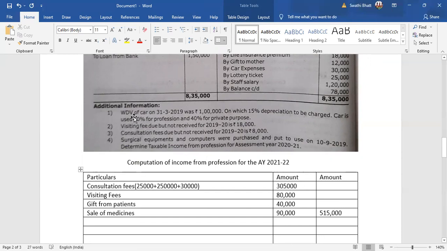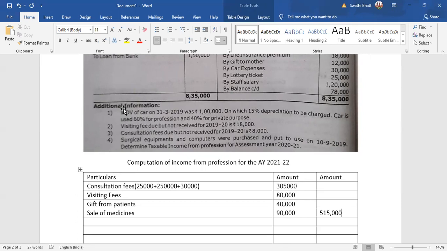You can see here in additional information, points number 2 and 3, they have told something about visiting fee and consultation fee. They have told that visiting fee and consultation fee both are due, but not received. We are maintaining the books on cash basis, which means that you will be recording the items only when you actually receive it in the form of cash. Anything which is due, outstanding, accrued, or pending, we will not be recording.